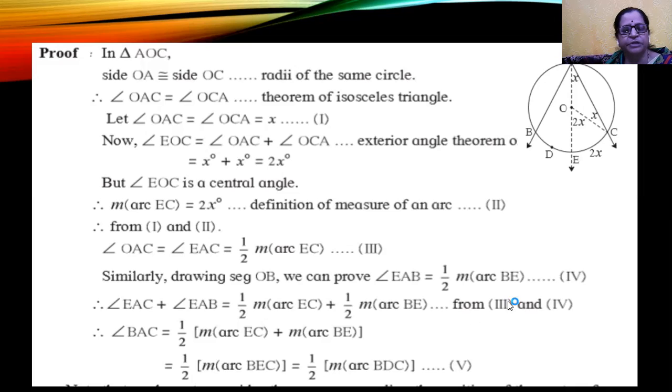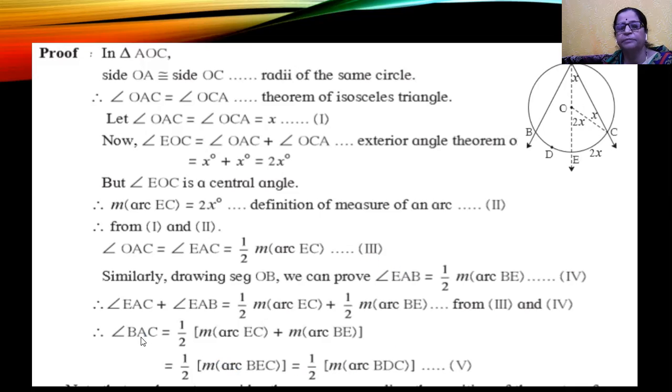This is equation 4. Therefore, angle EAC plus angle EAB is equal to half major arc EC plus half major arc EB, from 3 and 4.